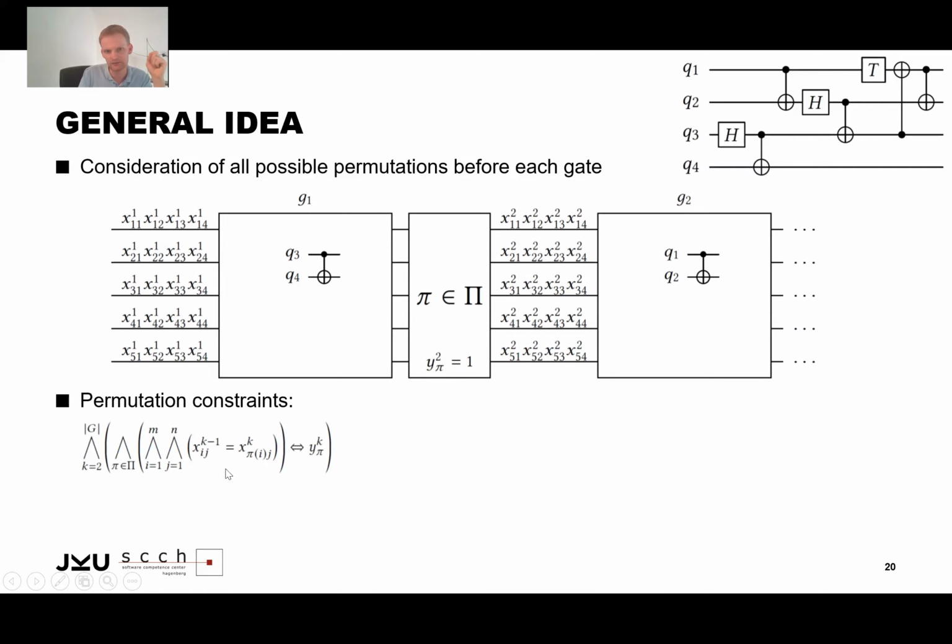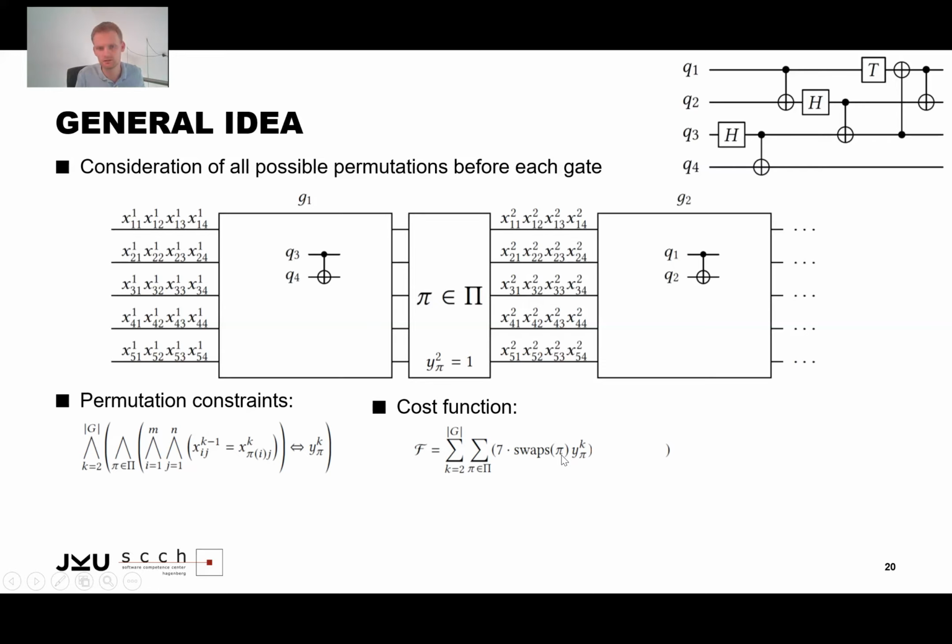We basically have variables checking the corresponding x assignment and the corresponding y assignment, checking what kind of permutation is employed from here to there, and then setting the corresponding y variable to 1. That means out of all possible permutations, we are setting exactly one variable to 1, namely the one which realizes the permutation according to the current assignment of those x variables. And then knowing what permutation is employed, we now employ a cost function, namely this one here, which simply states that we can pre-calculate how many swap gates we need in order to realize a permutation pi.